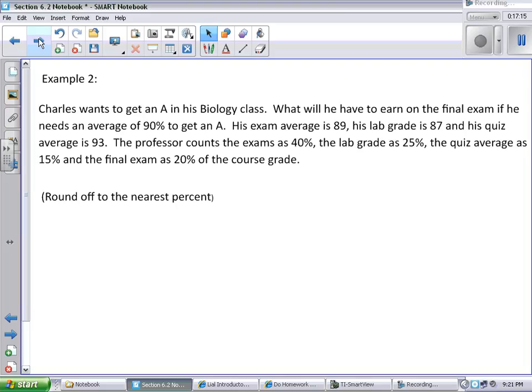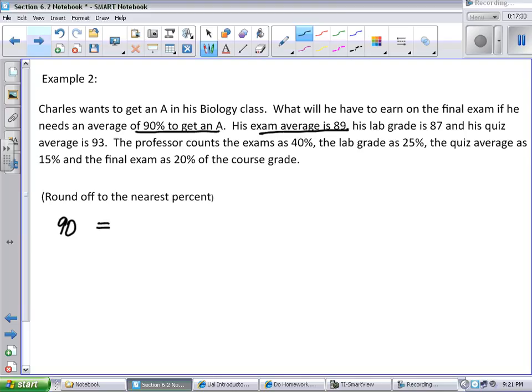So, what we know is that he wants to get an A. So his average needs to be 90%. So 90% is what he needs. His exam average is 89, and the professor counts exams as 40%.